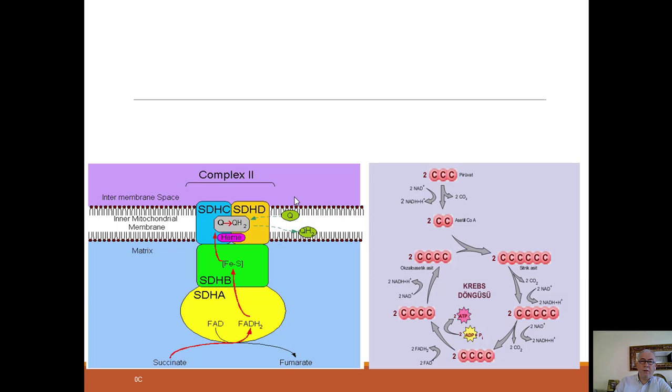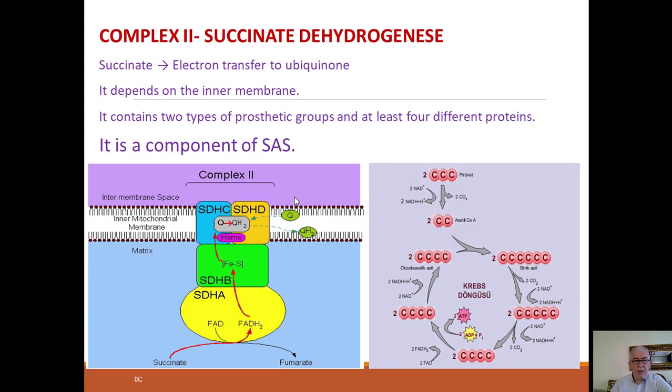In complex 2, this is a part of the citric acid cycle. It's a component of the citric acid cycle and binds to the inner mitochondrial membrane. And the enzyme uses succinate as substrate and produces fumarate. The coenzyme of succinate dehydrogenase is FAD, and the enzyme produces FADH2.